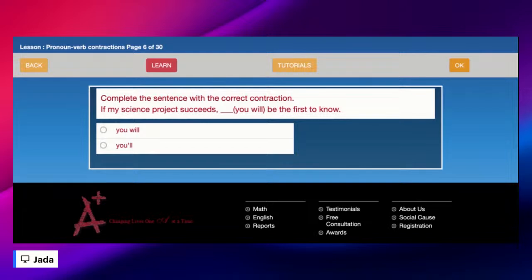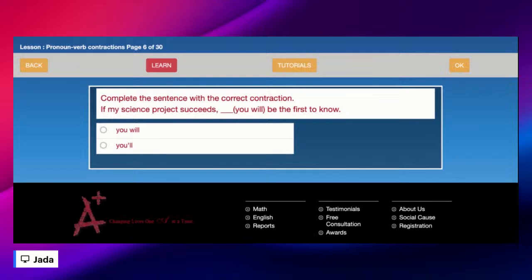If my science project succeeds, you will be the first to know. So, what is the right answer here? Okay, I am washing my hand. Mm-hmm.